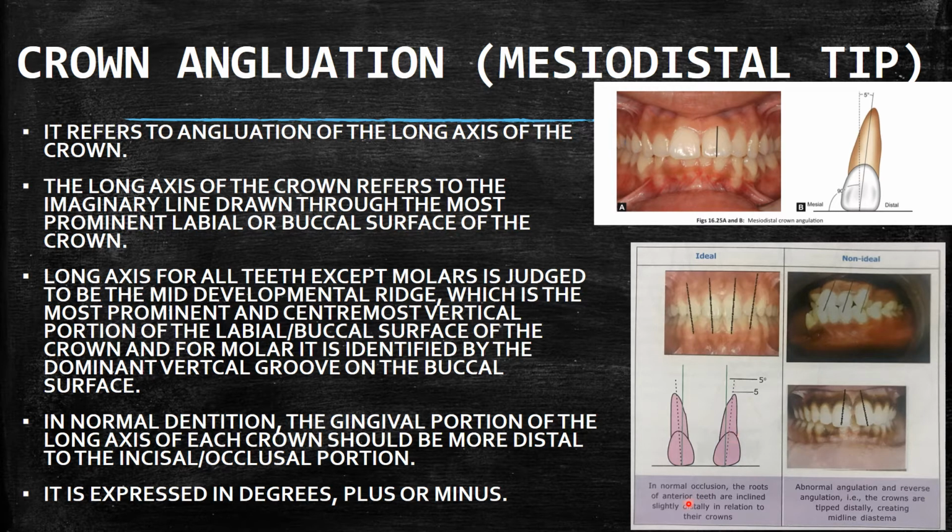In normal occlusion, the roots of the anterior teeth are inclined slightly distally in relation to their crowns. And this is a non-ideal case where there is abnormal angulation and reverse angulation. That is, the crowns are tipped distally, creating a midline diastema. So in this case, you'll see there's this midline diastema. This is the crown angulation, which is the second key of occlusion.